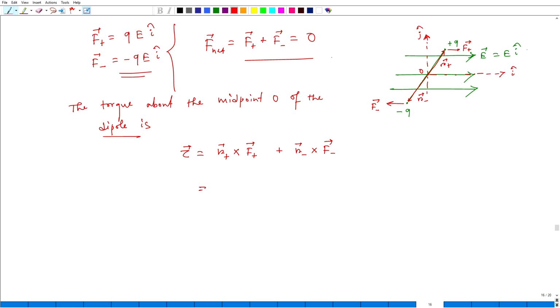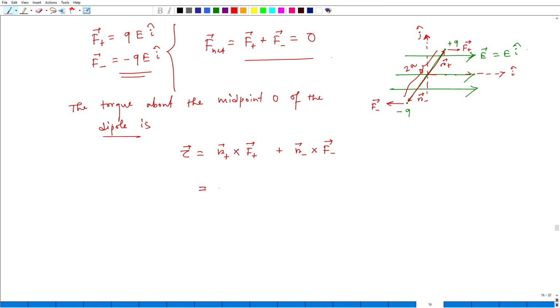We consider the total distance as 2a, the distance between the plus q and minus q charge. So, the distance from the midpoint to the plus q charge is a and to the minus q charge is also a.